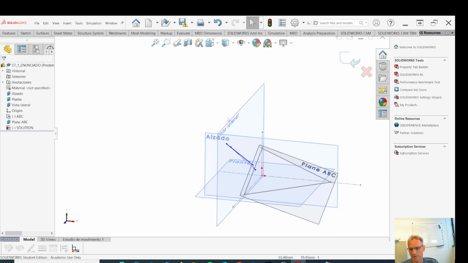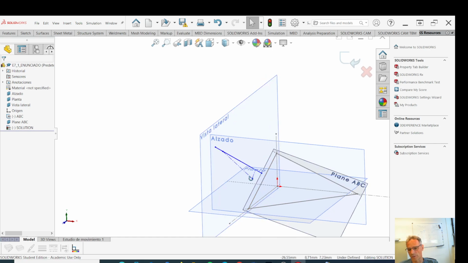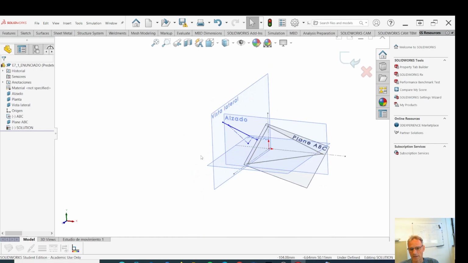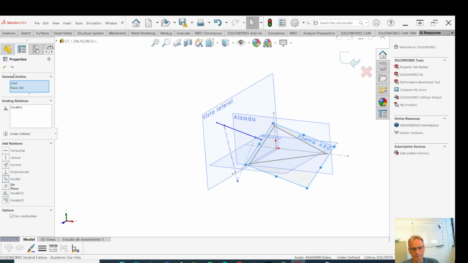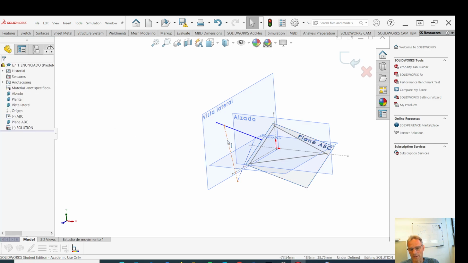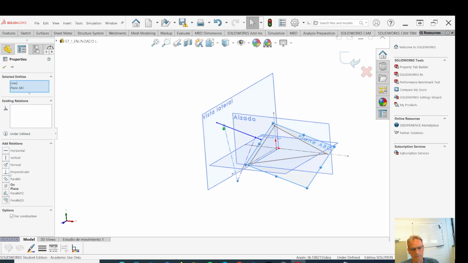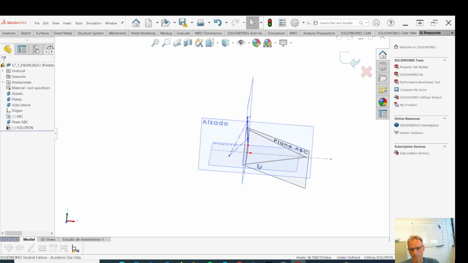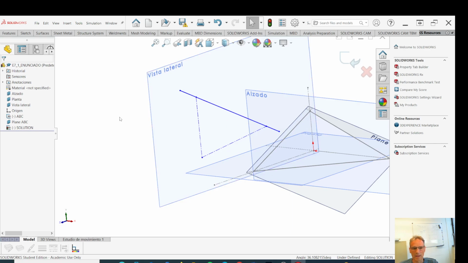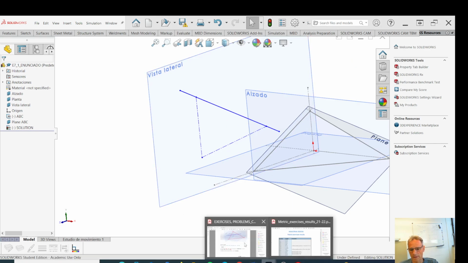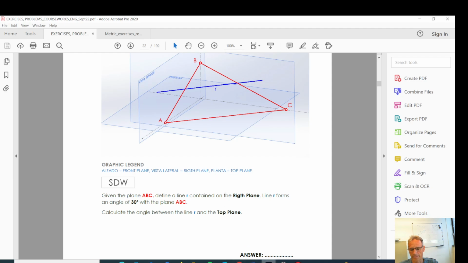Okay, so you see it is not on the front plane. It can be a mistake if you define those lines in the front plane. So then I say this line is parallel to that plane, and that line is perpendicular to that plane. It's a bit slow today. Okay, and then it says that that angle is 30 degrees.